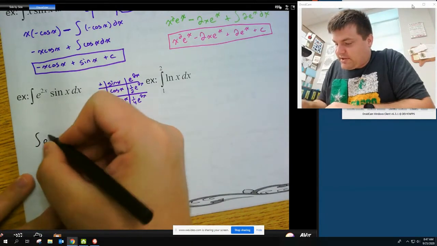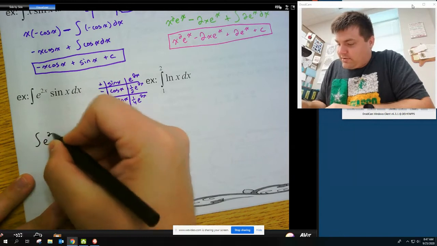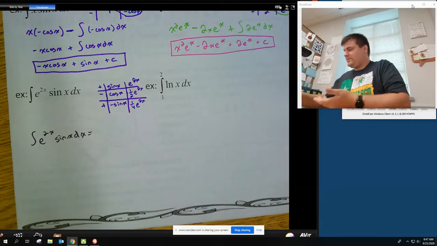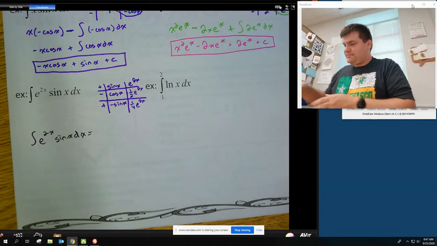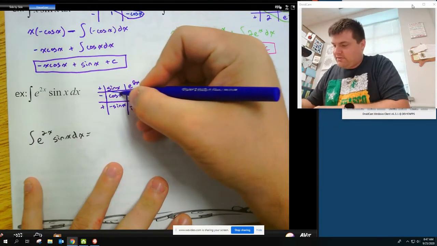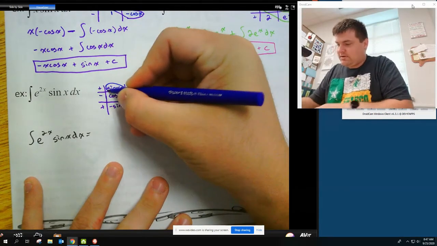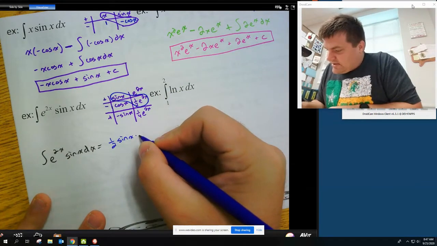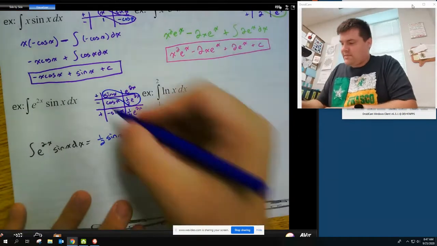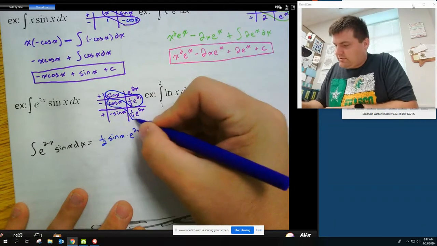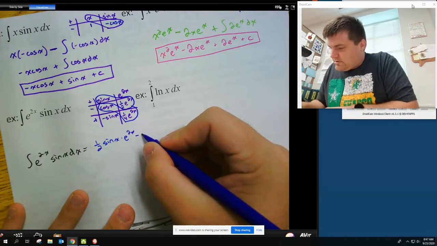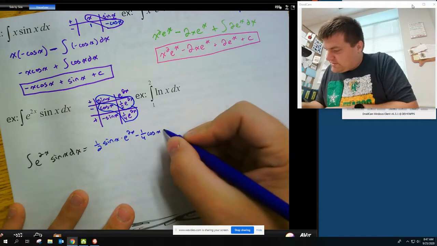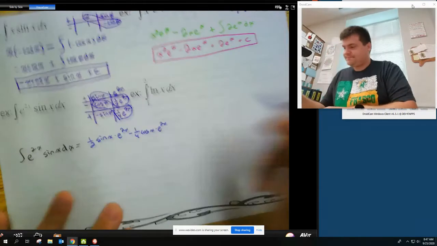So integral of e to the 2x times sine of x dx. That's going to equal, and let's go ahead and write this thing out. I'll circle this in the blue. So we're going to have sine of x, so 1/2, let's put that in front, sine of x times e to the 2x, minus, let's put the 1/4 out in front, cosine of x times e to the 2x.